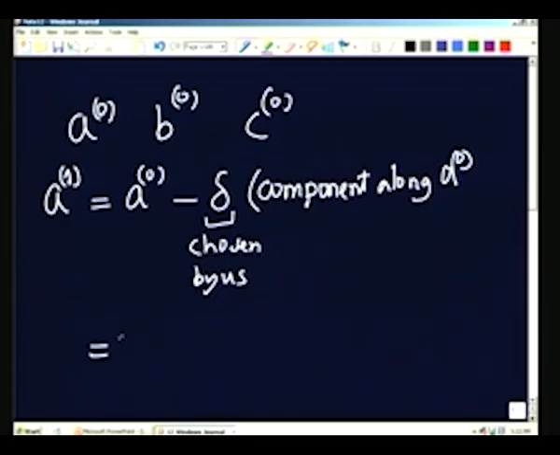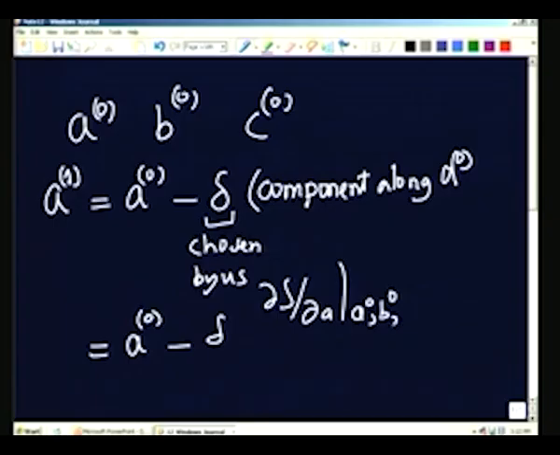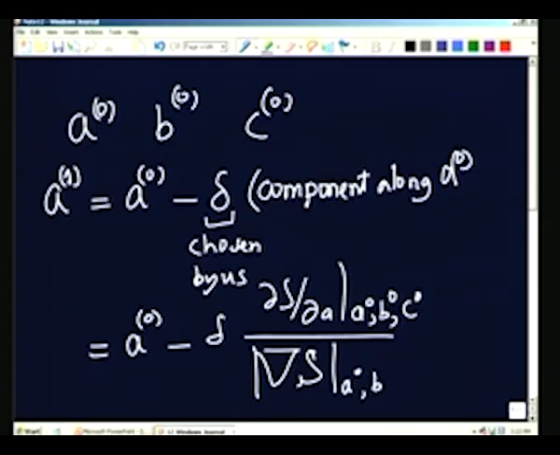This will be given by A naught minus delta dou s by dou a evaluated at A naught, B naught, C naught divided by magnitude of the gradient. Of course, this is also evaluated at the same point.